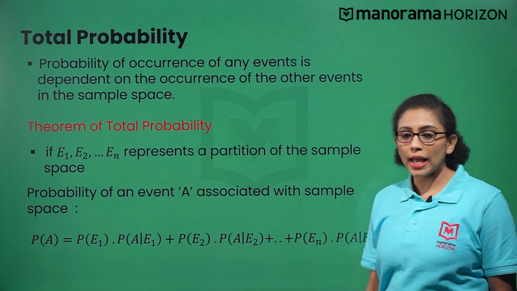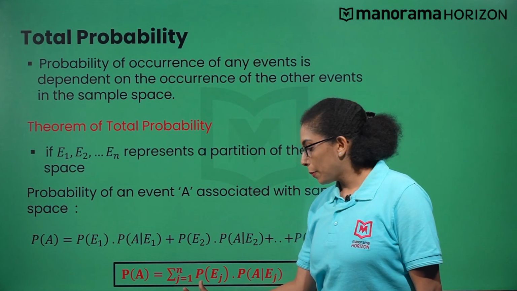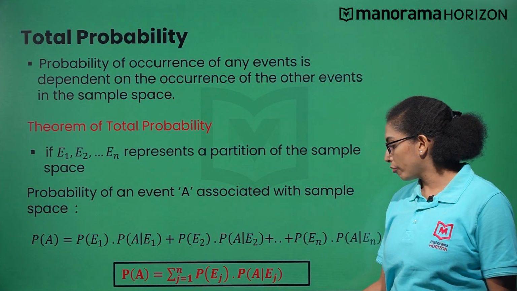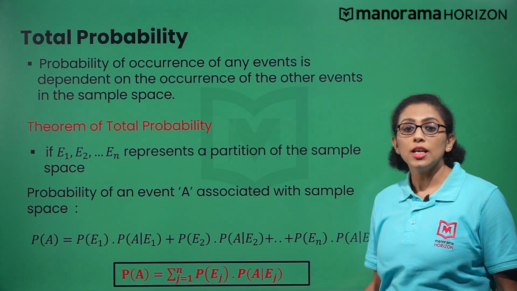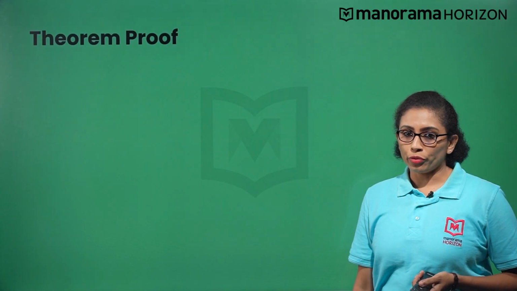Summing up, we get P(A) = summation j equal to 1 to n of P(Ej) P(A|Ej), where P(A|Ej) is a conditional probability. Now, let's see the theorem proof.